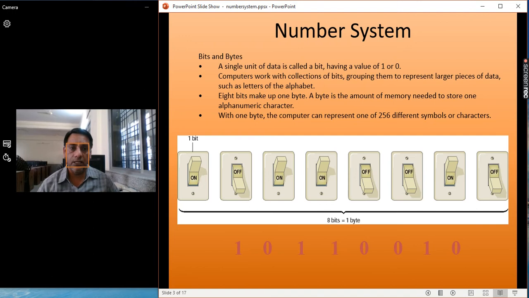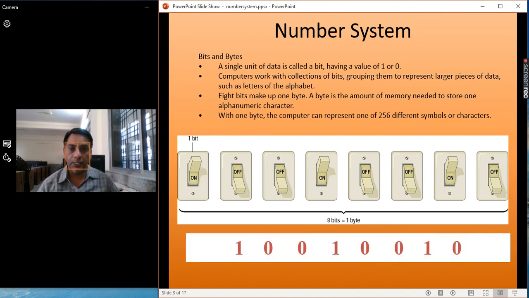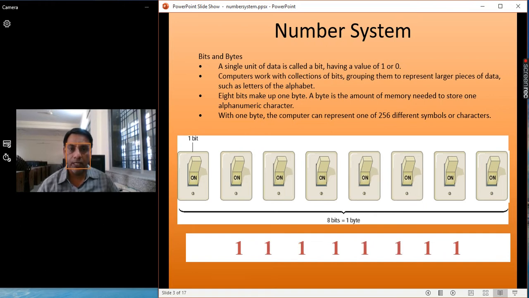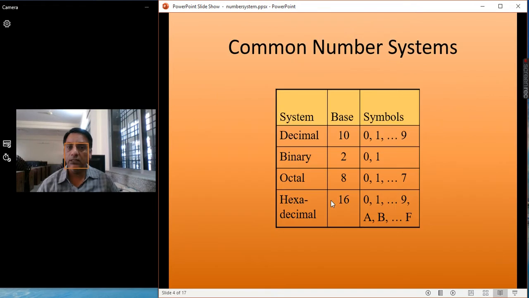You can just see here some of the switch operations. Now you can see how the switch operation takes place. 1 0 1, and when all switches are in the on position, the entire digit is 1. So this is the binary number system.